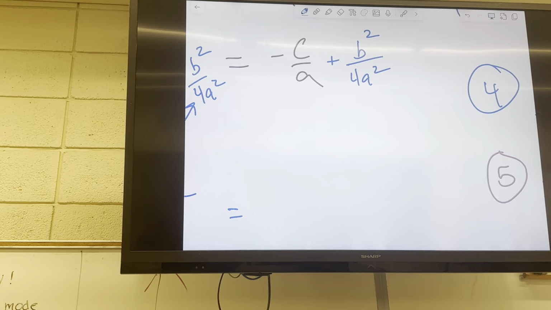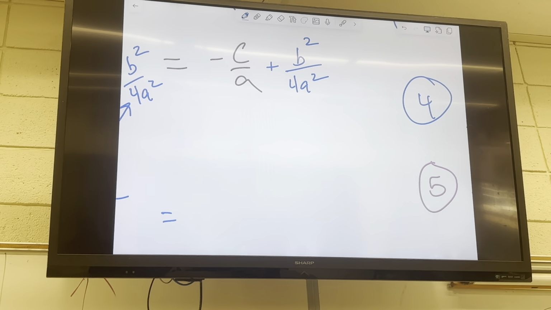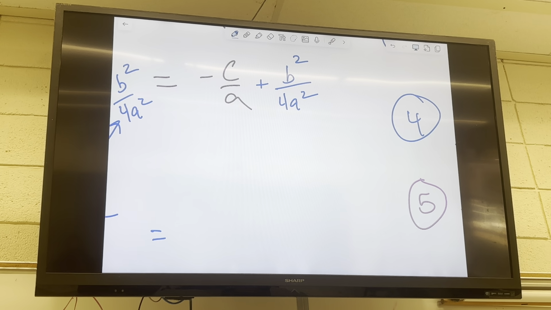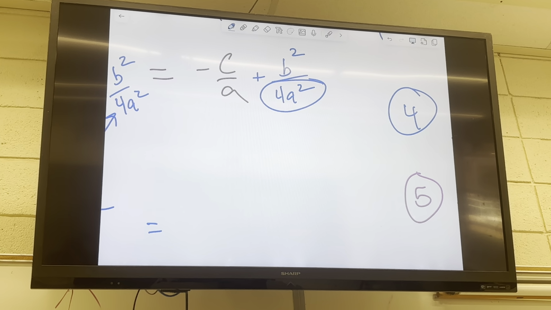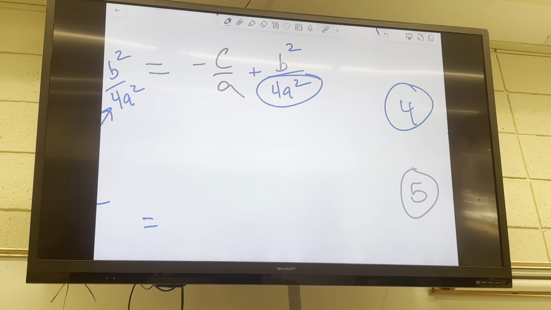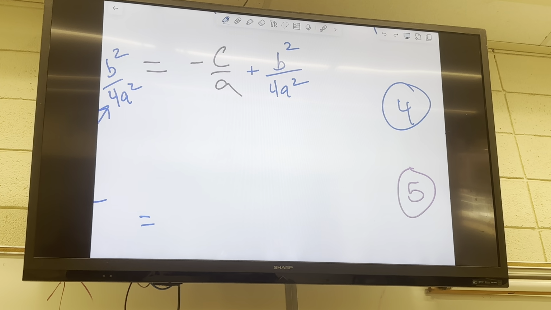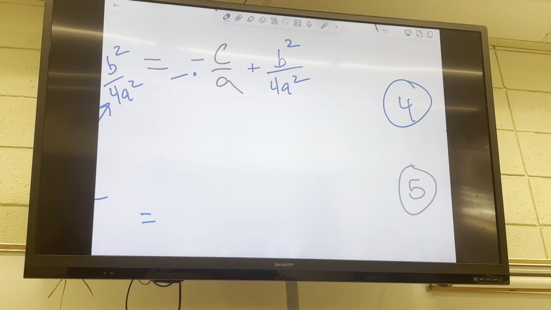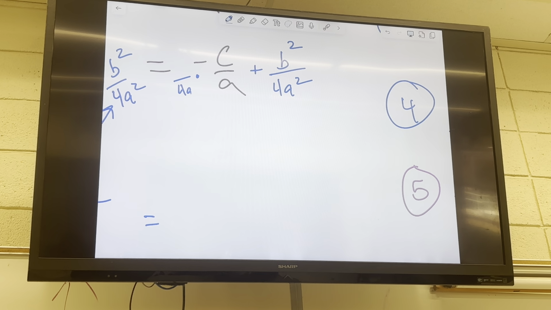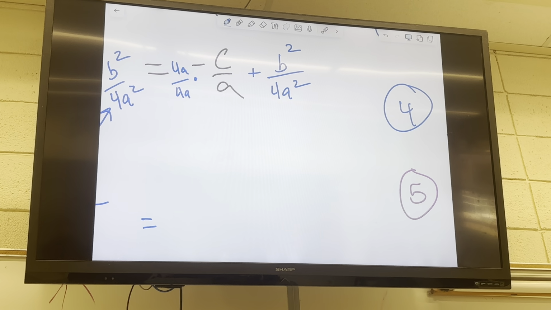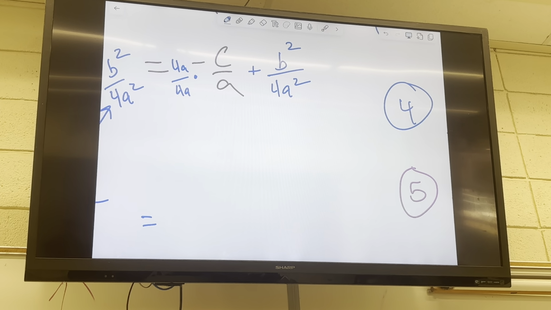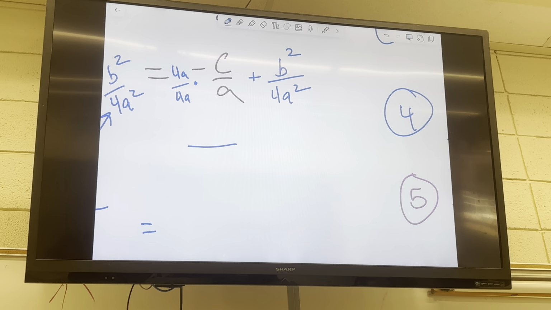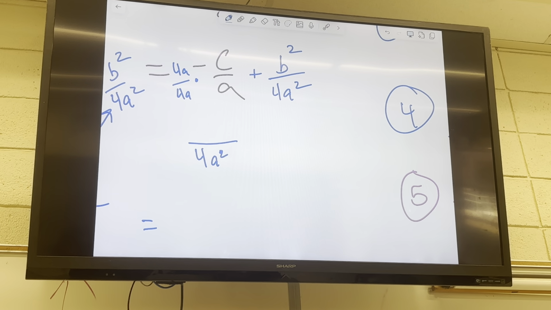In order to do this, we need to have common denominators. So the fraction on the left needs something to be multiplied to it so that it can match that fraction denominator. We're going to multiply both the top and the bottom by 4a. That'll give us common denominators of 4a squared.